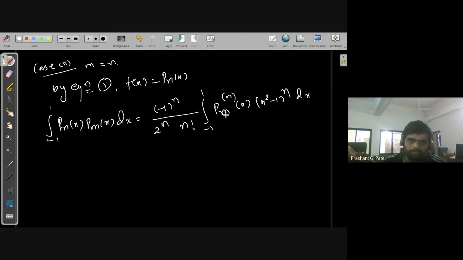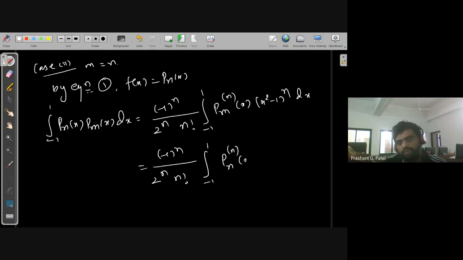But n is m, so both of the quantities are the same. So that gives you Pn and its nth derivative times (x squared minus 1)^n dx.